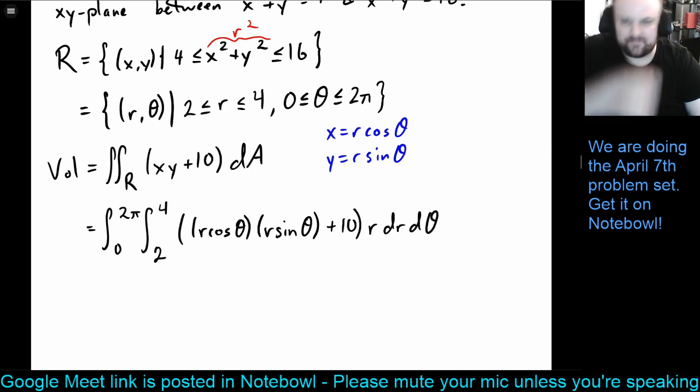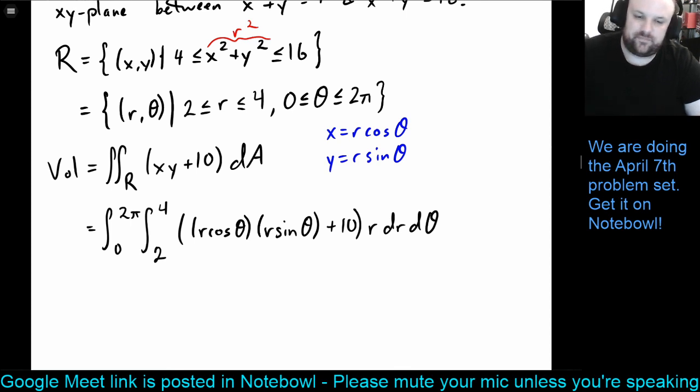Okay. And then we need to integrate that thing there. So to integrate that, as usual, if you want to do this by hand, let me just say what would happen is to deal with that sine times cosine, that's just a u substitution.